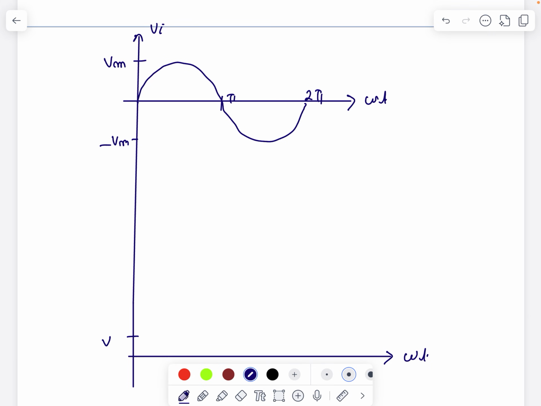Let this is your Vb. This is your Vm plus Vb. This is your 2 Vm plus Vb. Let me draw a line.